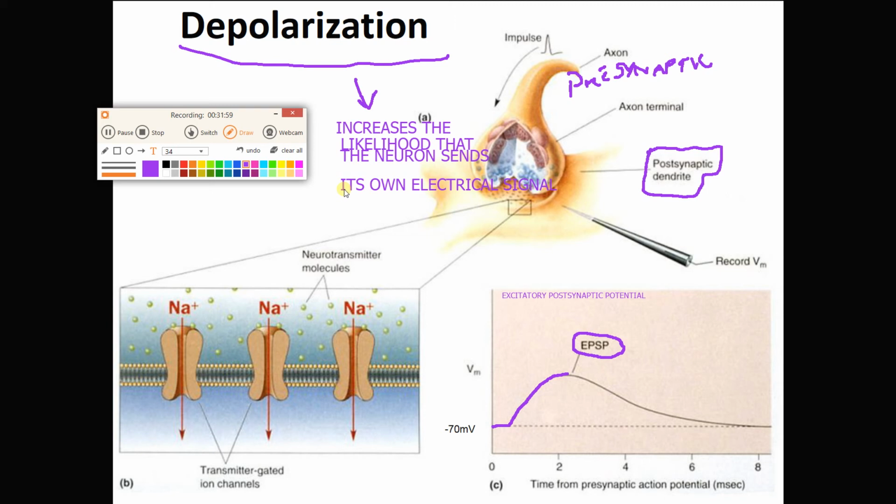This kind of change, this depolarization in the dendrite, is no guarantee, but it makes it more likely that this postsynaptic neuron, this neuron receiving the information, being stimulated, is going to send its own electrical signal. It may or may not happen, we don't know yet, but we know it became more likely.